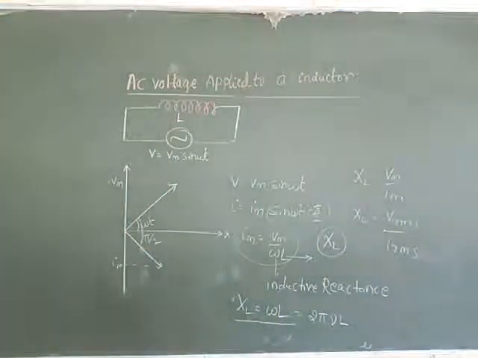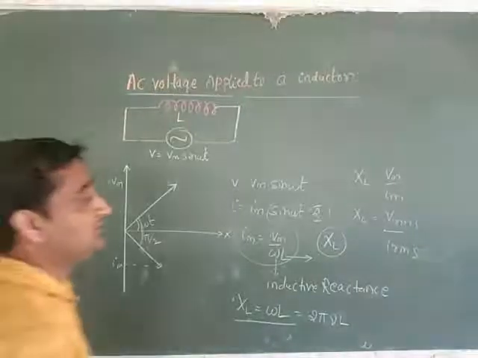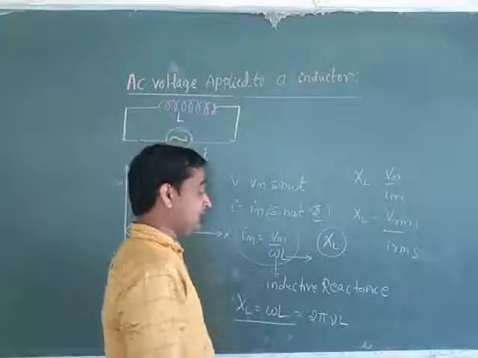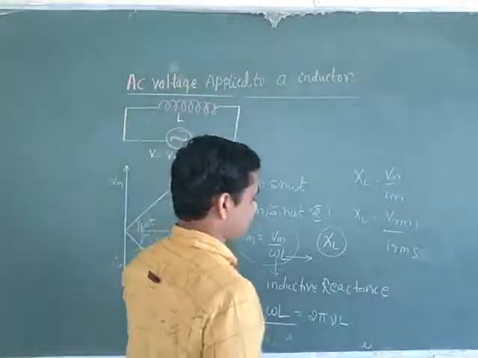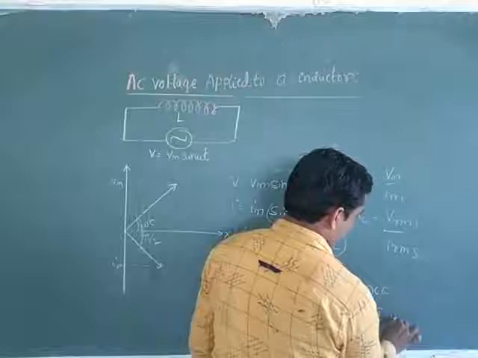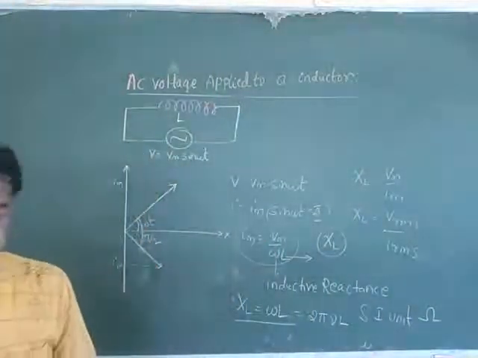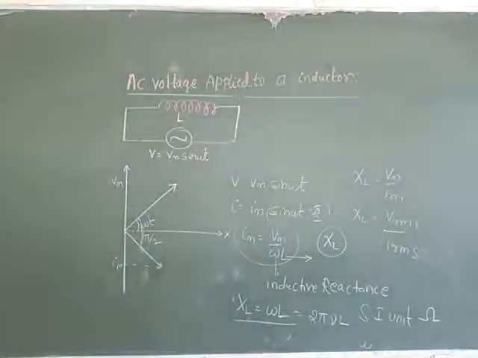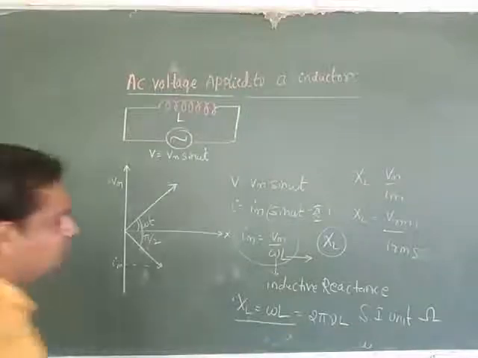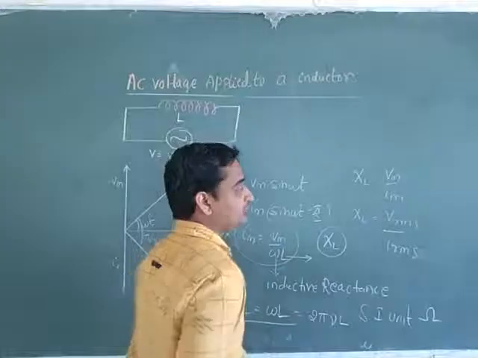The SI unit of the inductive reactance is also ohm. You know that the SI unit of resistance is ohm, and the SI unit of inductive reactance is also ohm. The variation of inductive reactance with frequency can be shown graphically, because the inductive reactance is directly proportional to the frequency.